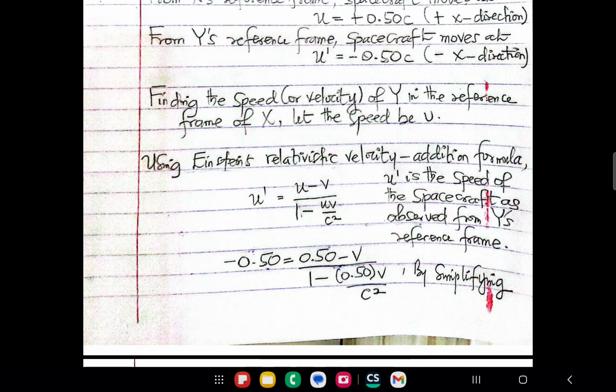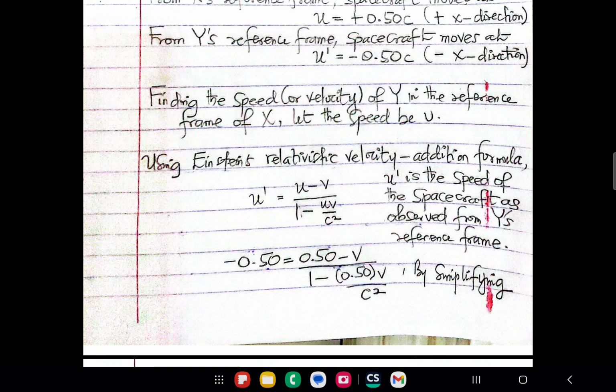What you should note is that u prime is the speed of the spacecraft as observed from Y's reference frame. That is not the same as the speed of Y. It is the speed at which Y observes the spacecraft to move, but that is not necessarily Y's speed.